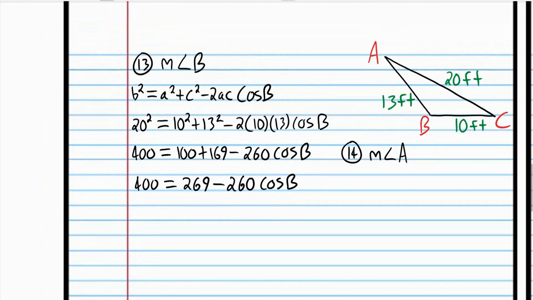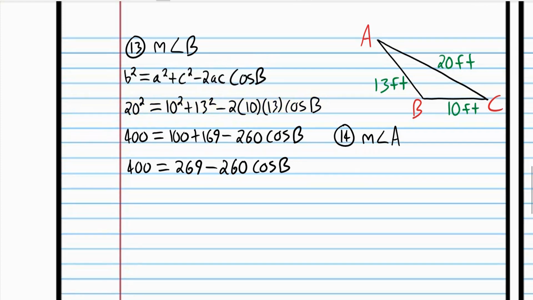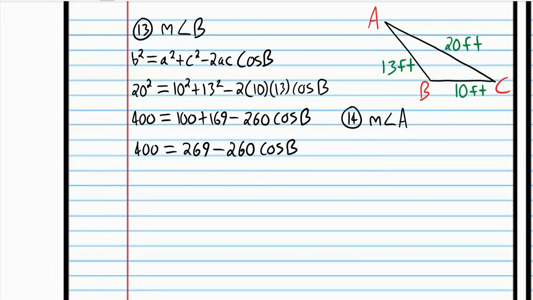The most important thing is to write the equation, plug in all the numbers, and after that I don't really require you to show me the algebra. But we're just going to show the algebra here so you know what we're doing. So 400 minus 269 is 131.